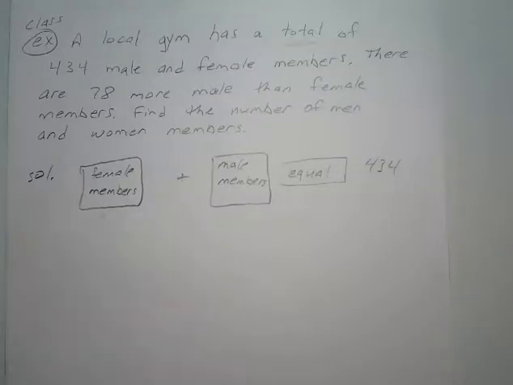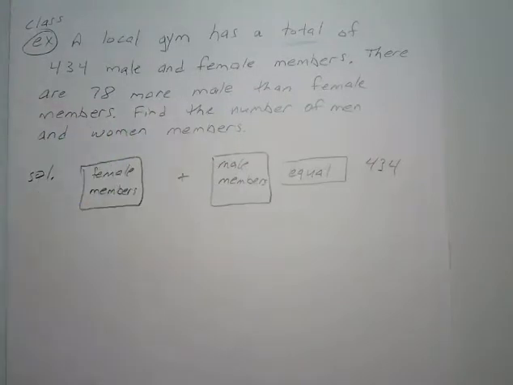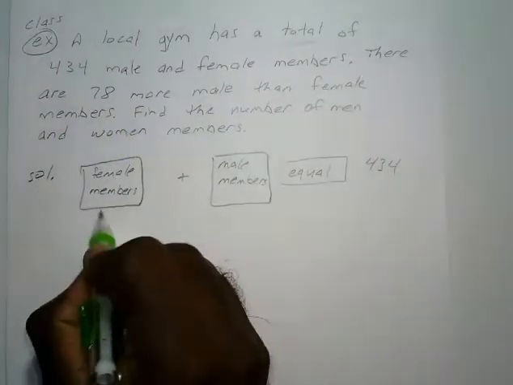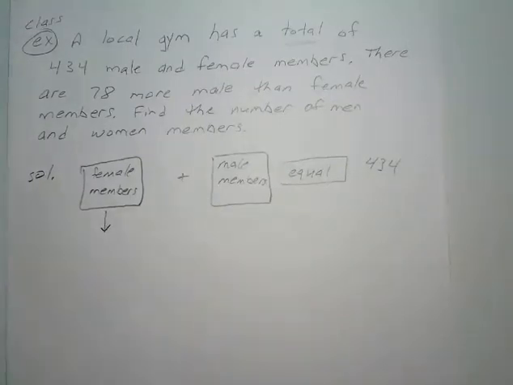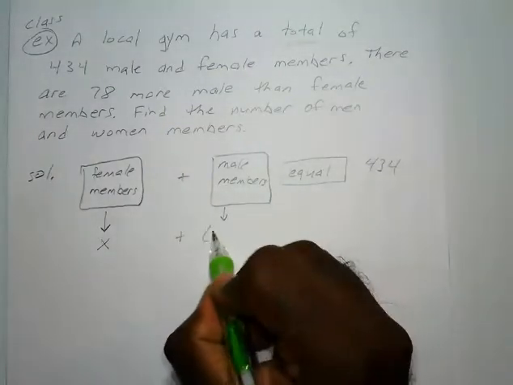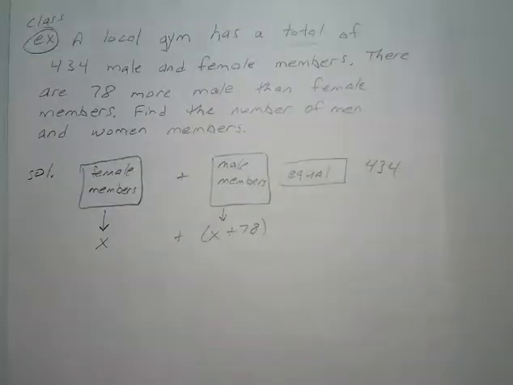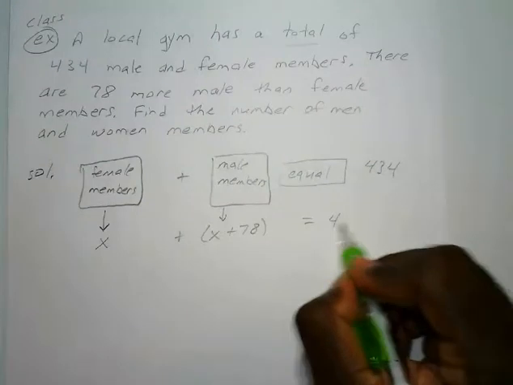All right. So for our female members, we don't know how many female members we have, but we do know that there are 78 more male than female members. So for our female members, we'll let x represent our female members. Now, since there are 78 more male than female, that will mean our male members would be x plus 78, equals 434.